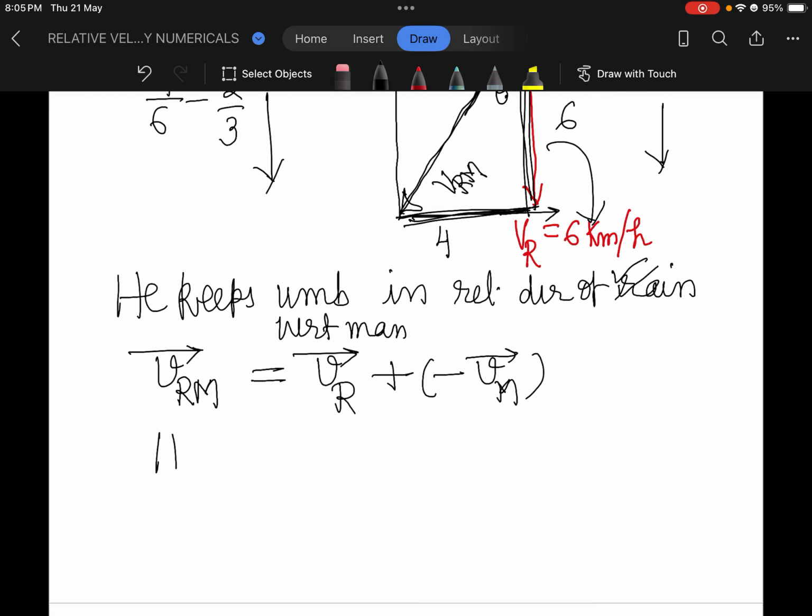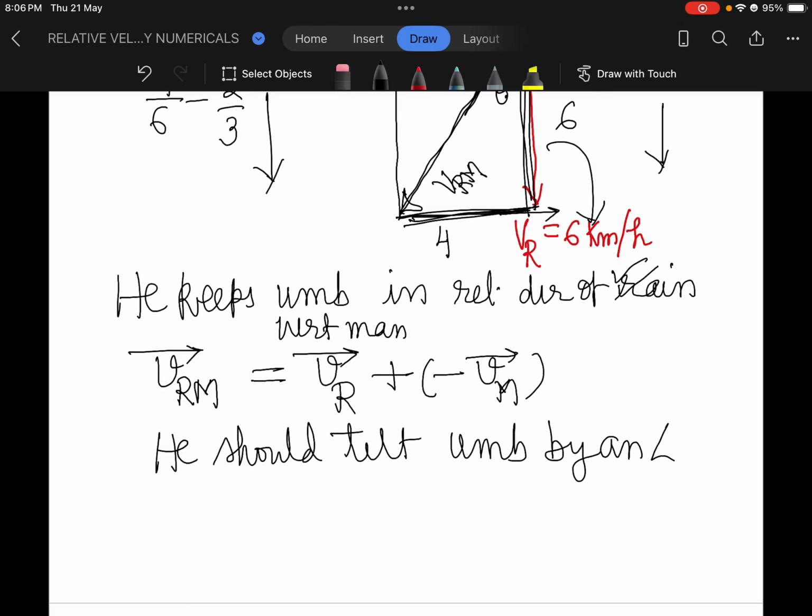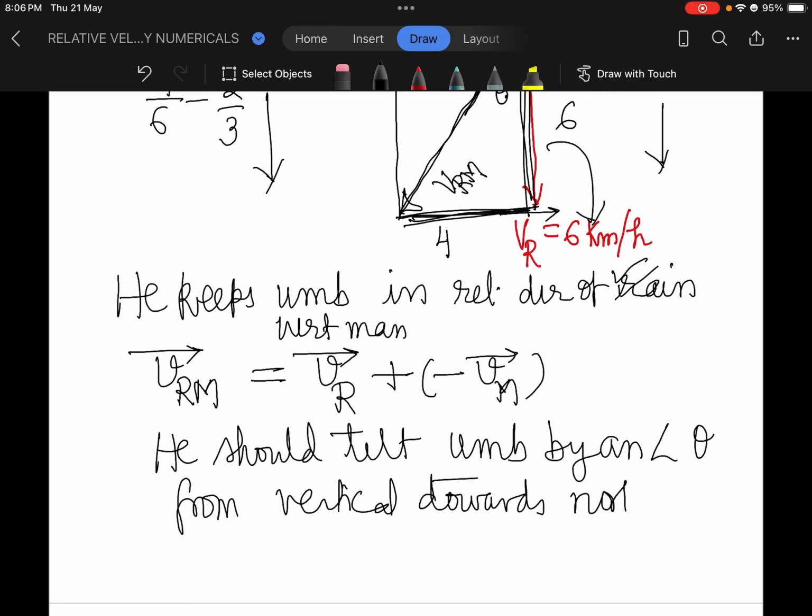So he should tilt the umbrella by an angle theta from vertical towards north. It's clear? Where tan theta equals 2 upon 3, that you have to calculate.